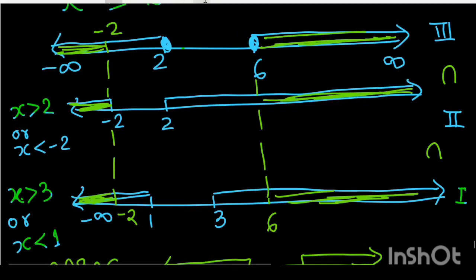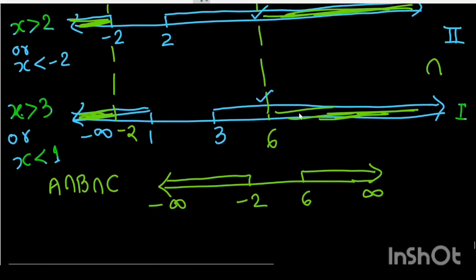So guys, the intersection, as you can see here, 6 is present here, it is present here, it is present here. So in the intersection, 6 will be present here also.